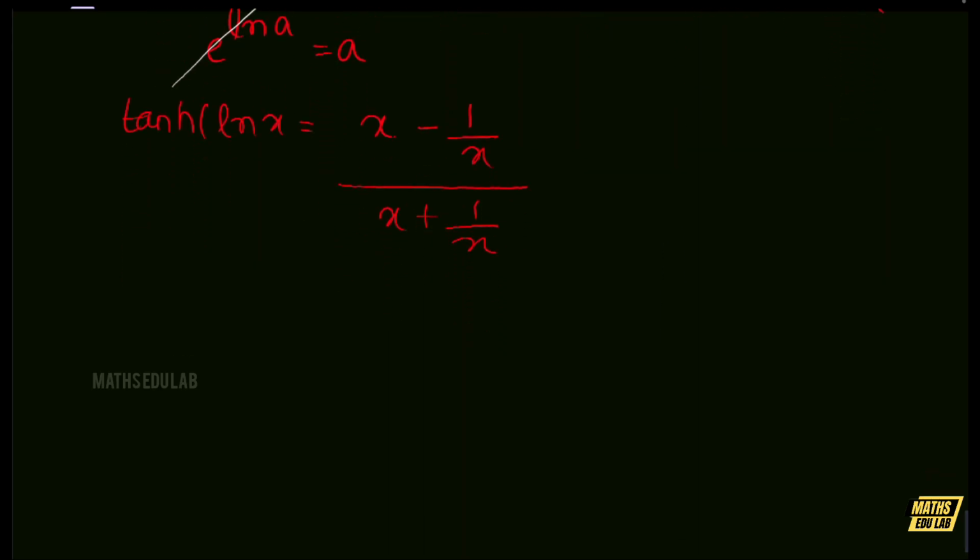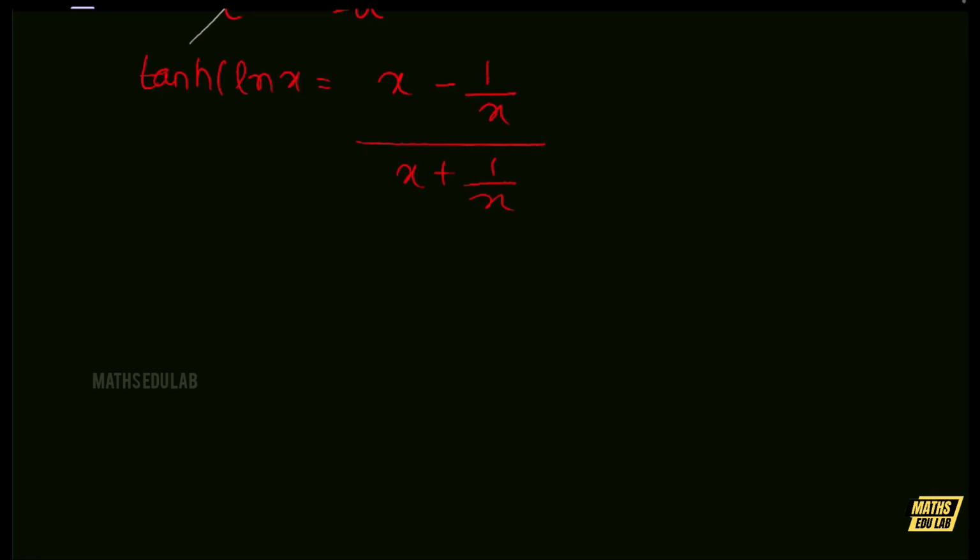Now in this step, we will multiply and divide by x in the numerator and the denominator to get the RHS side. Just write it down as tan hyperbolic ln x is equals to, multiply x in the numerator as well as in the denominator, x minus 1 upon x divided by x plus 1 by x.